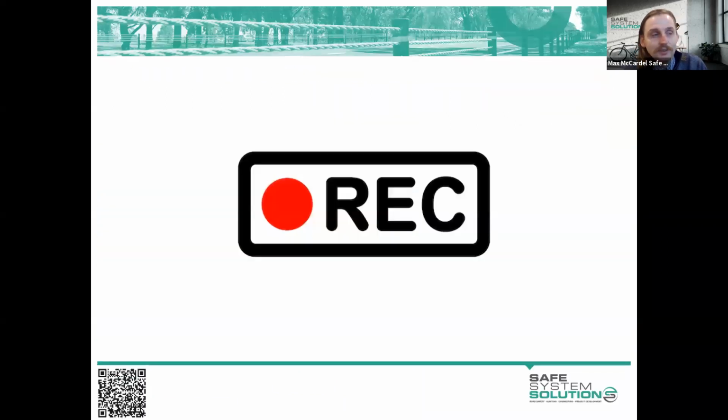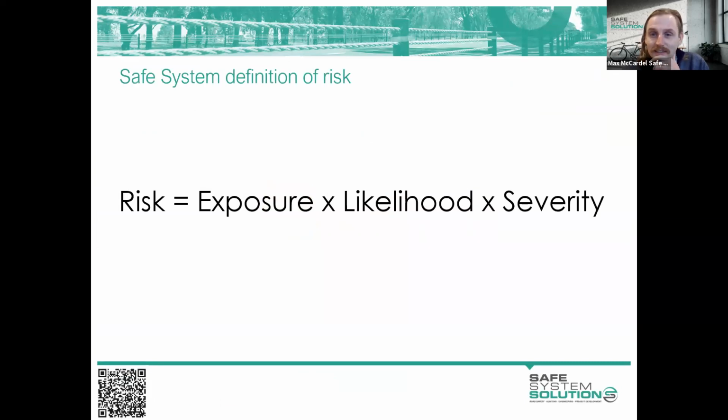This is just a reminder here to record, but we've already started that. Just a brief reminder of how we define risk or how we calculate risk within the safe system methodology. It is the multiplication of exposure, which is our traffic volumes, our likelihood, and our severity.